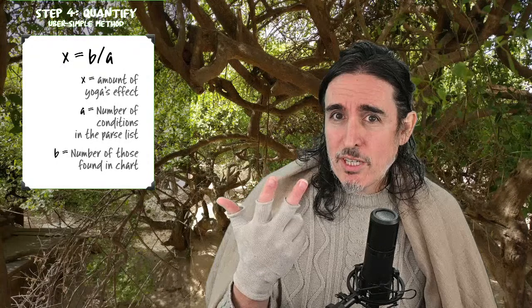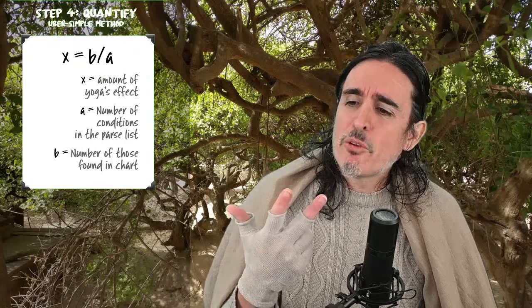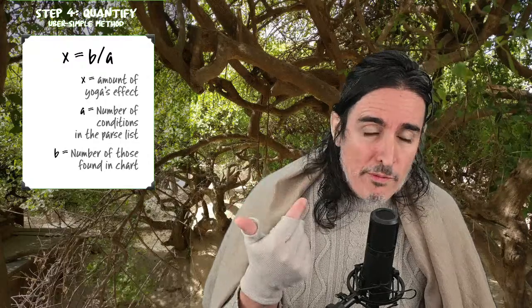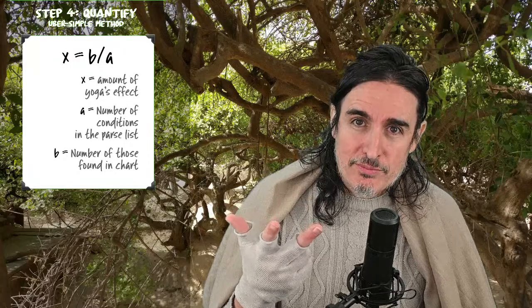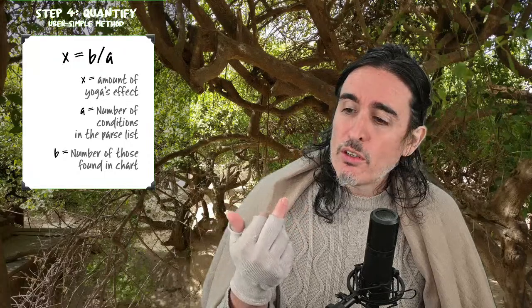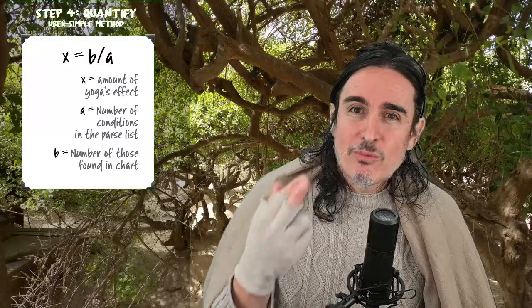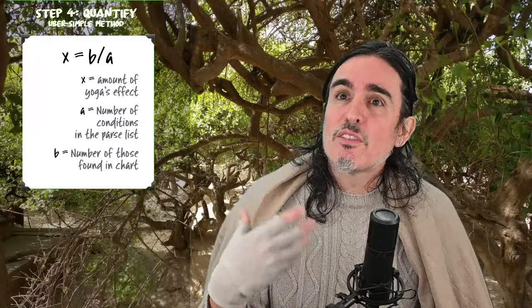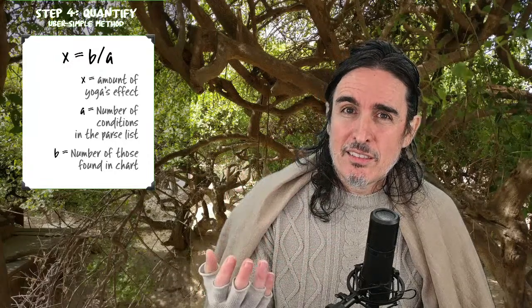I'm not saying this is the greatest yoga in the world, I'm just teaching you how to quantify something. So we can have 1 fat, 2 fat, or 3 fat. Little fat, lot fat, or super fat. 1, 2, 3. Or not so fat, fat, and very fat. Whatever you want to do, just think in terms of the yoga's effect and figure out what it means to quantize it.